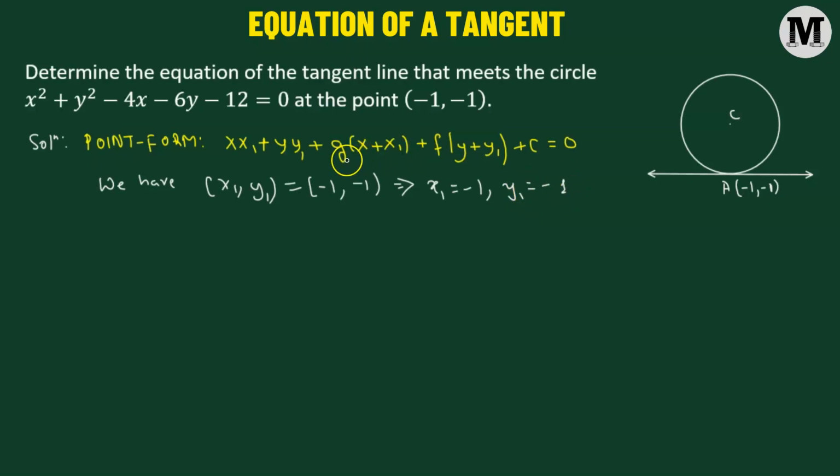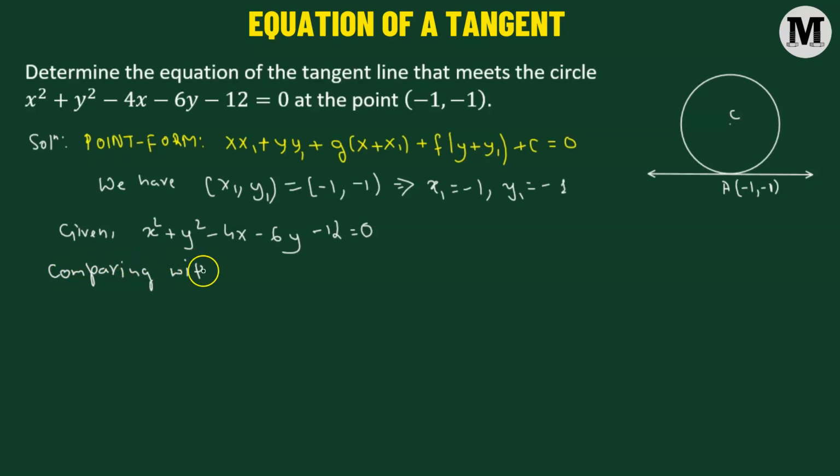Now, our next task will be to obtain the values of the constants g, f, and c, which we can obtain by using the equation of the circle. So it's given here, the equation of the circle. Let's note it down. We have x squared plus y squared minus 4x minus 6y minus 12 equals 0. Now what we'll do is compare this equation with the general equation of the circle.